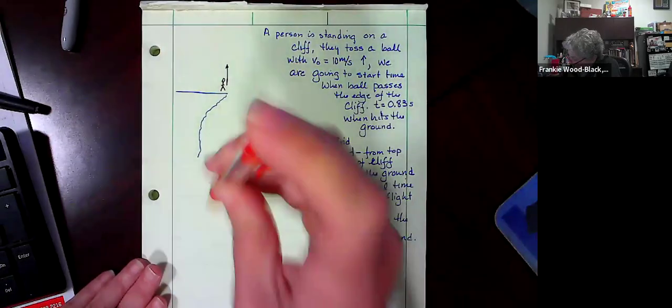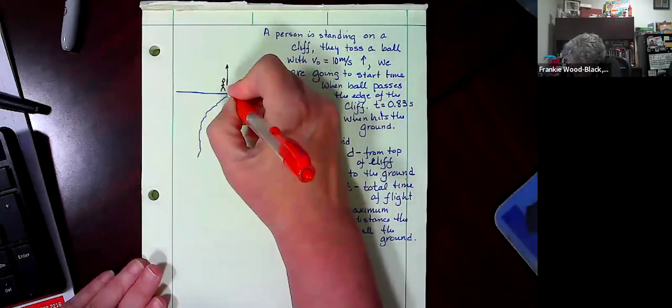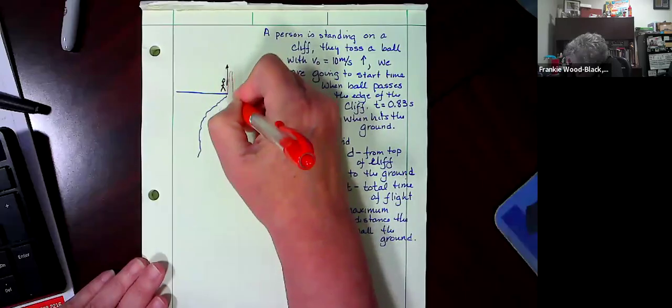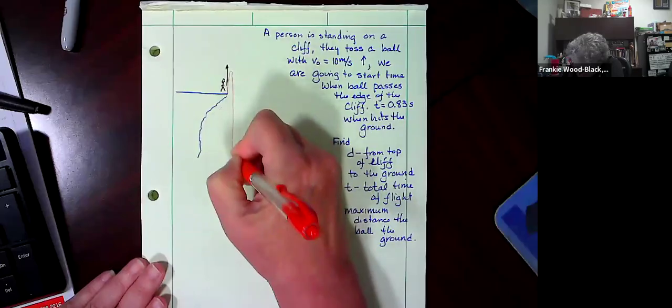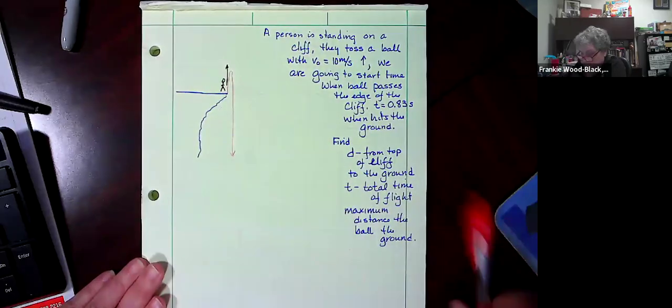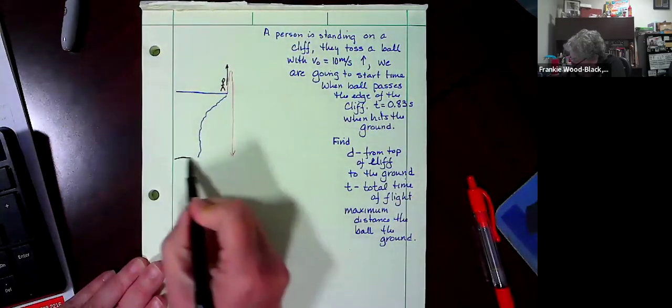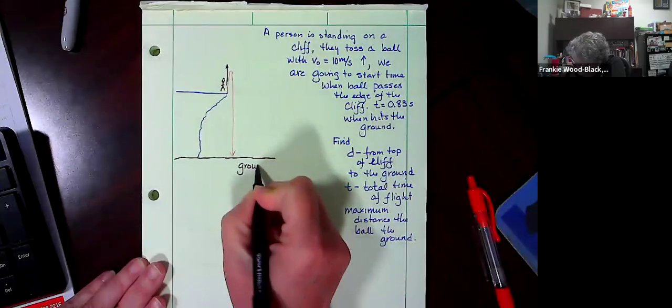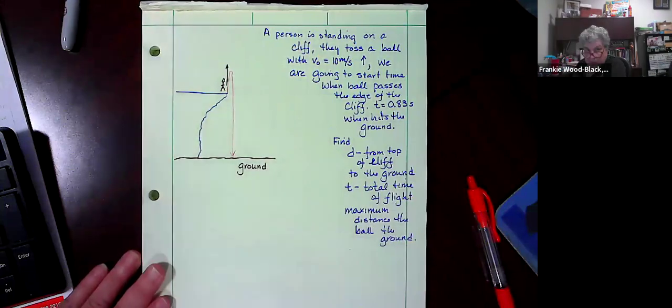The ball is going to travel like this. It's going to just miss the cliff. And this is our ground. So my ball is going to travel up there.